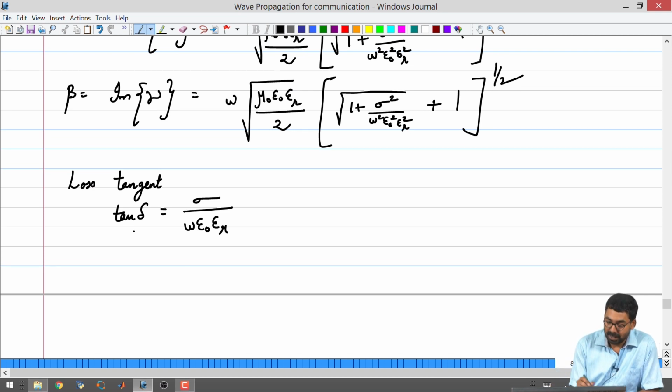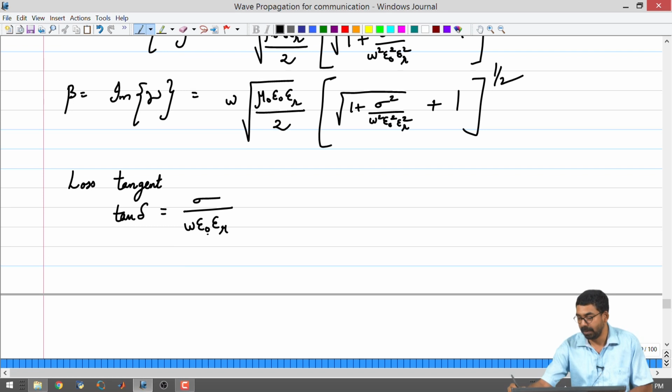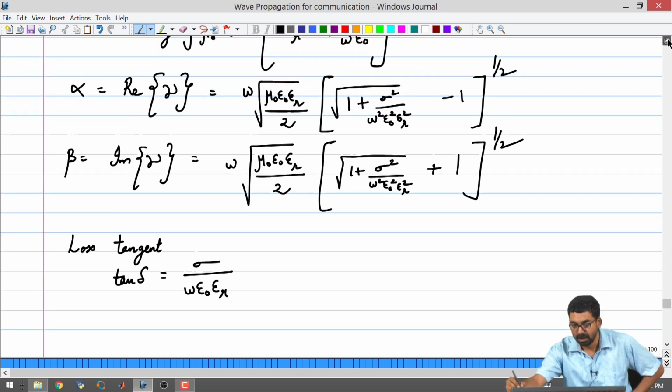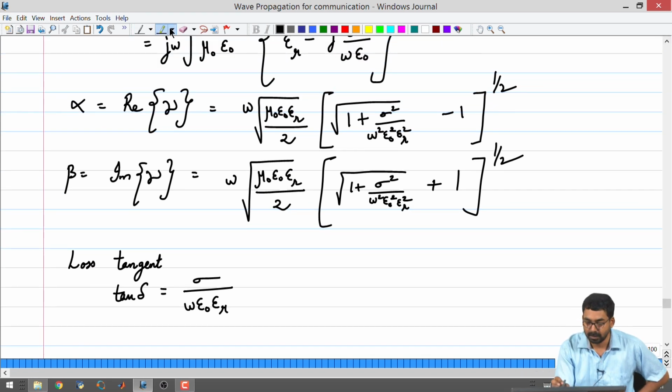So, tan delta equal to sigma divided by omega epsilon naught epsilon r is the loss tangent, and the higher this value, one can immediately notice that this term is coming into the picture, so obviously the attenuation is going to be higher, all right.